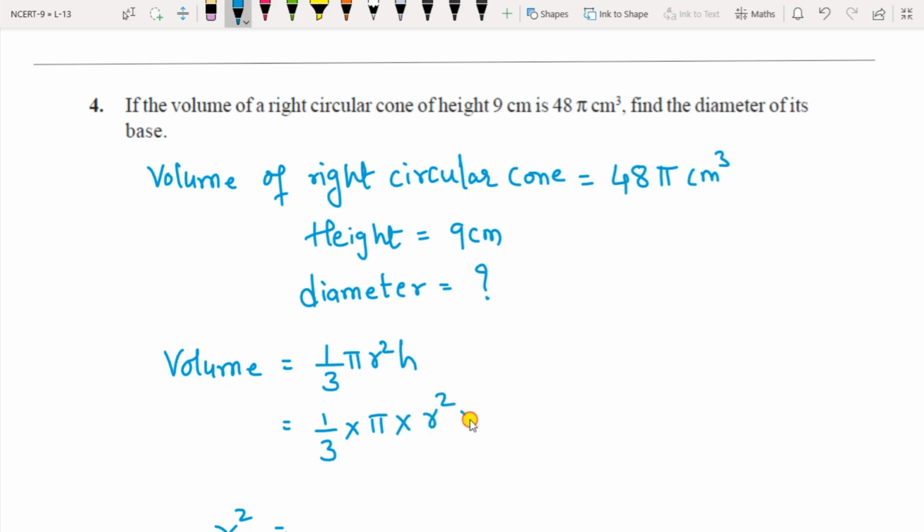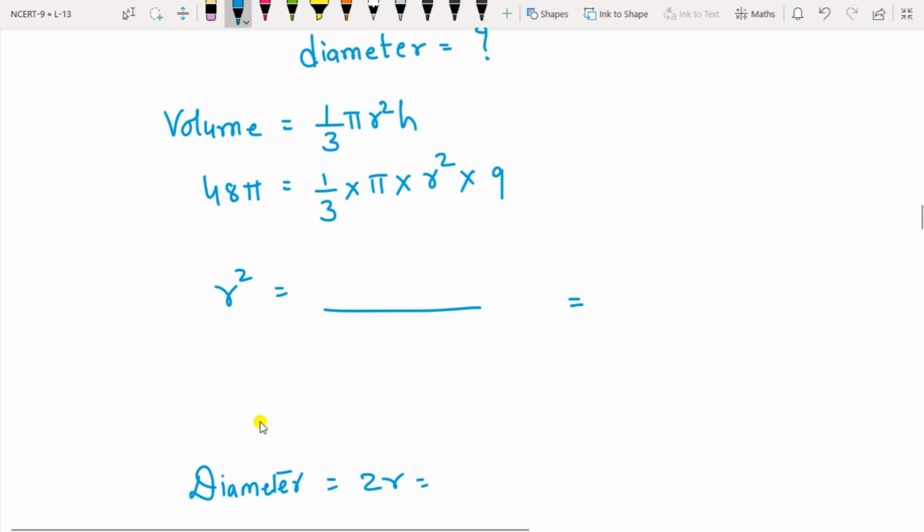Height is 9 and volume is given as 48 pi. So r square, make it the subject, it will be 48 pi into 3 the whole upon pi into 9.